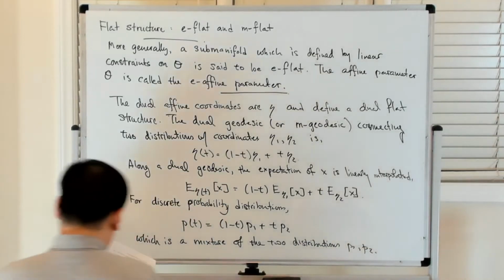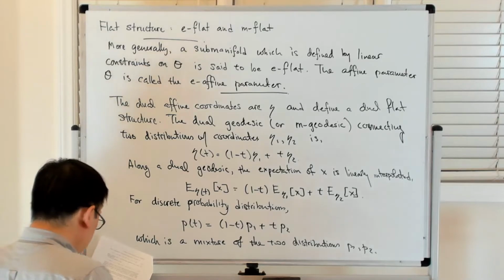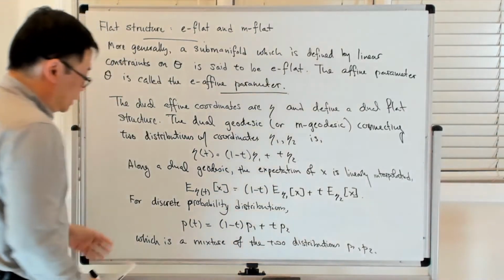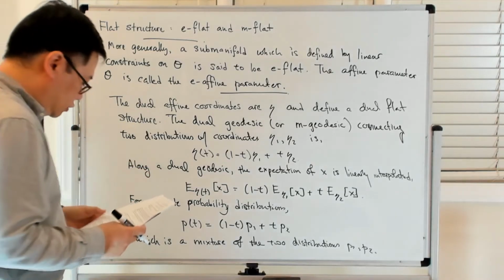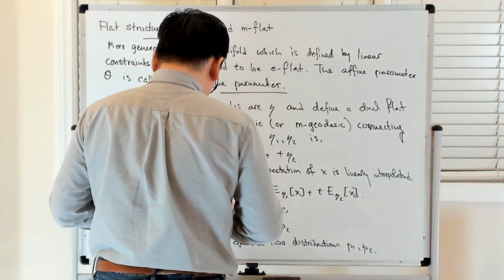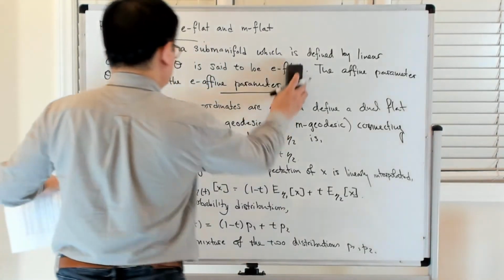All right. So in this case, the geodesic is along a mixture of the two probability distributions, and so we call this dual geodesic an M geodesic.